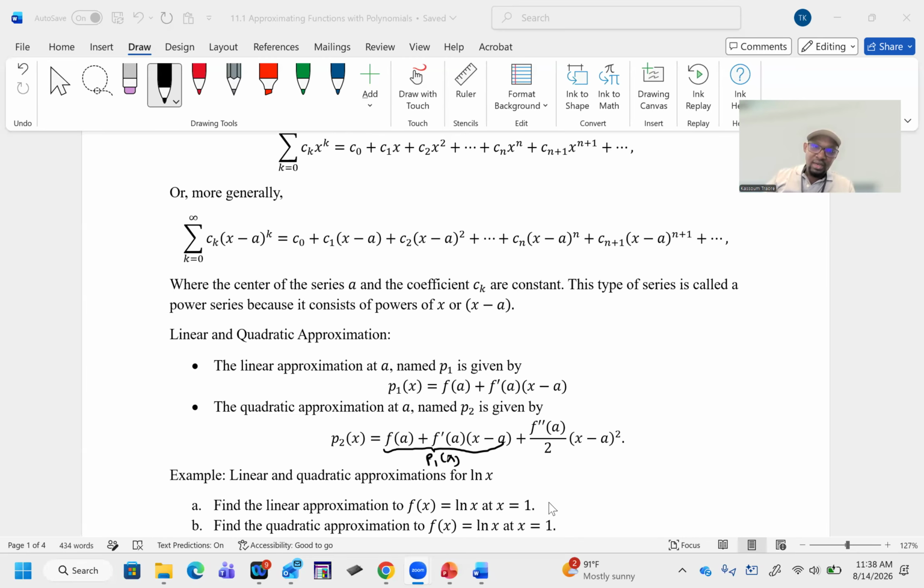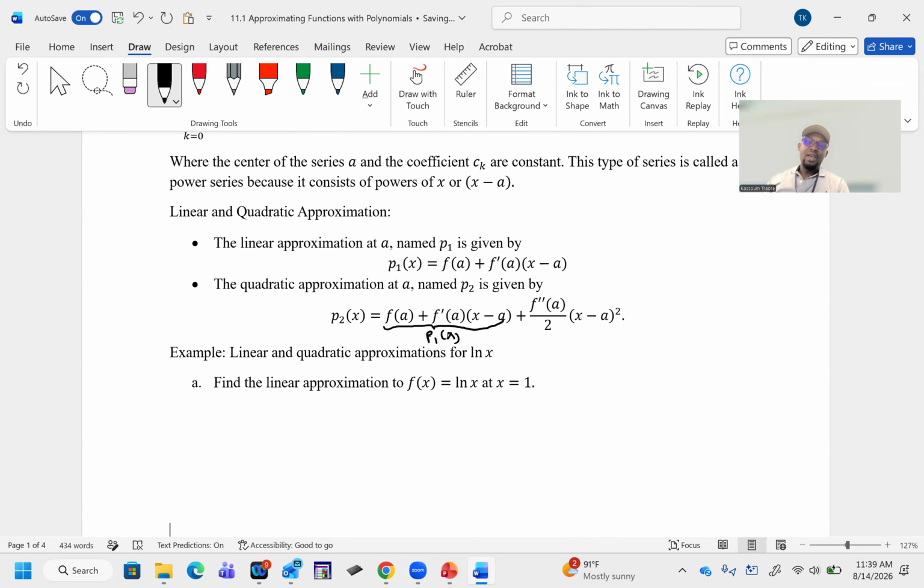So linear and quadratic approximations for ln of x. Find the linear approximation to f of x at x equals 1, which means my a is 1.